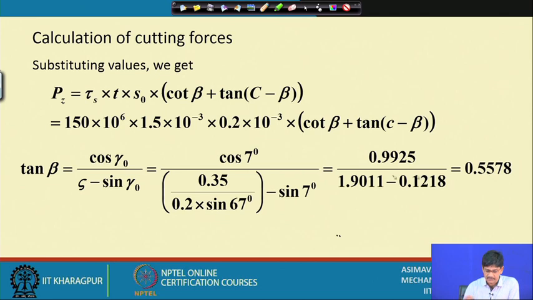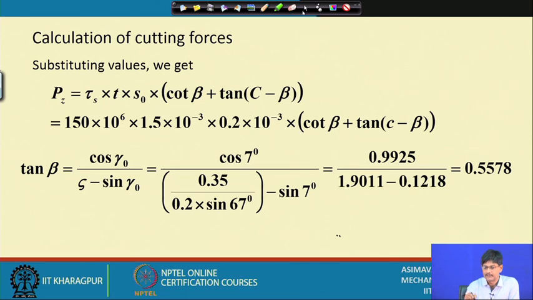It is coming to be 0.5578 and that corresponds to an angle of roughly 30 degrees. We will put the value of beta here as well in radians and then convert the whole thing to degrees if your calculator is degree compatible.